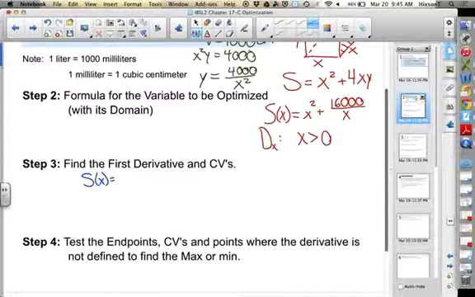Over x squared. It's 2x plus 16,000 over x squared. Remember, rewriting the original function would be helpful.